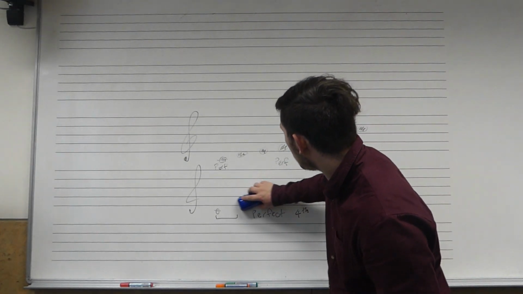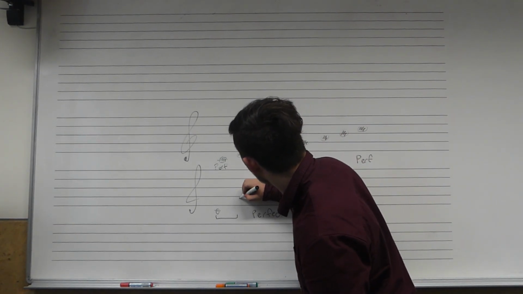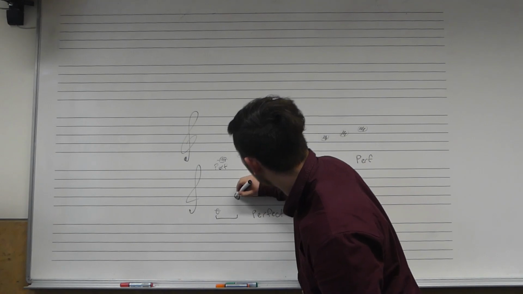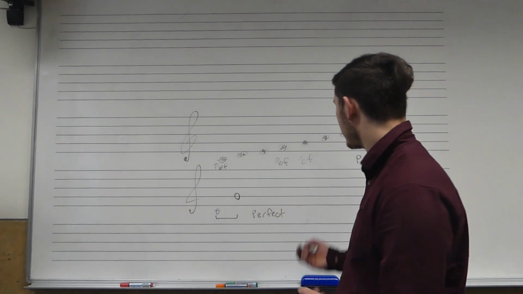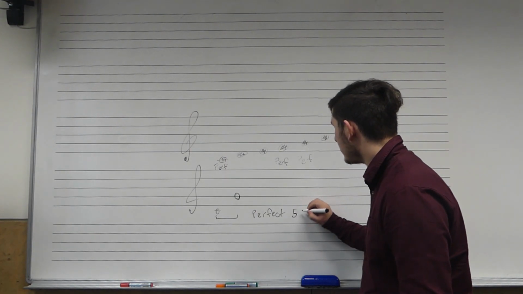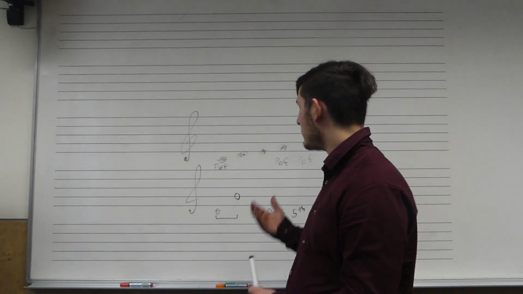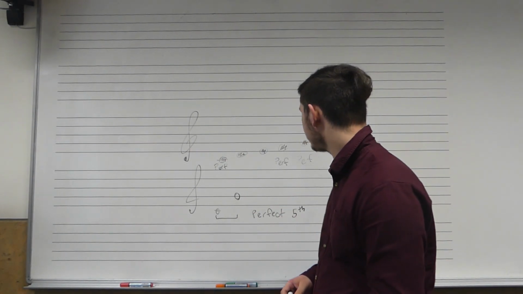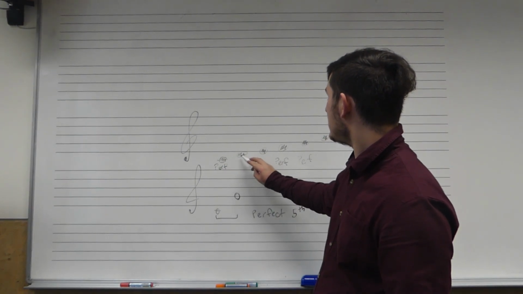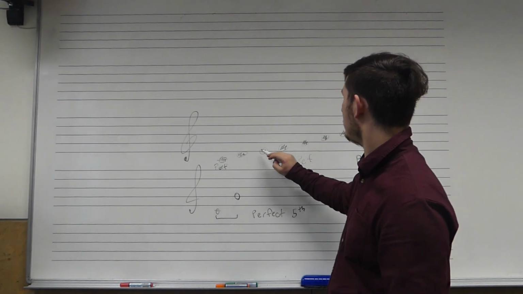So, next we're going to have another perfect interval, the interval between these two notes being a perfect fifth, because there are 5 notes between C and G. We have C, D, E, F, G. 1, 2, 3, 4, 5.